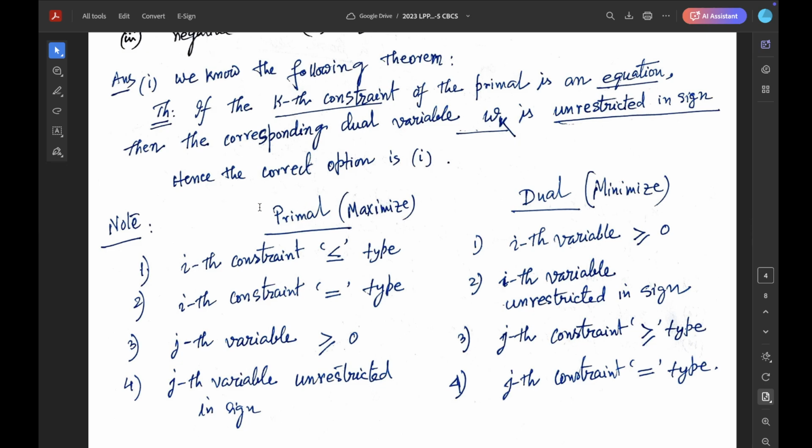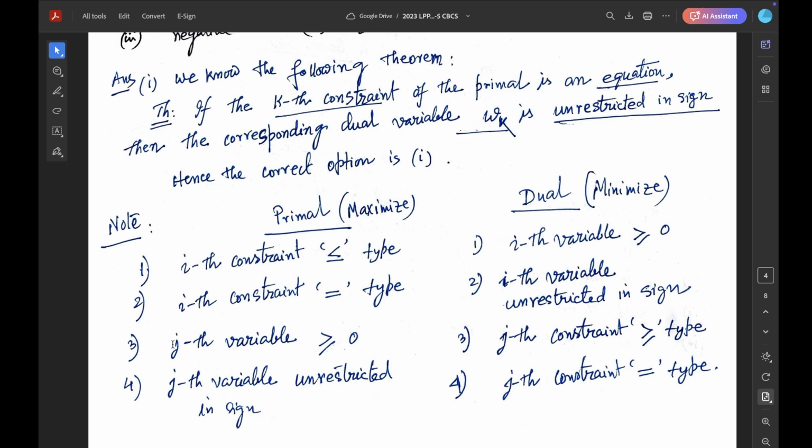Note that for a primal maximizing problem and its dual minimizing problem, if the ith constraint of the primal is of less than or equal to type, then the corresponding dual ith variable is greater than or equal to 0. If the ith constraint of the primal is of equal to type, then the corresponding dual ith variable is unrestricted in sign.